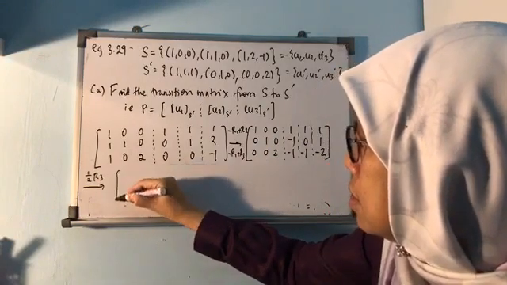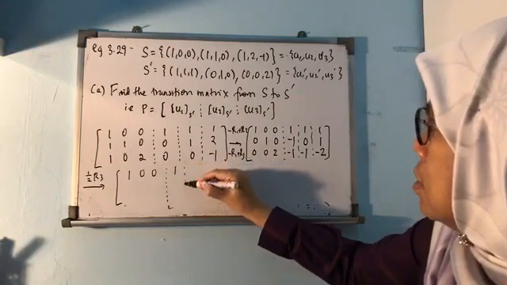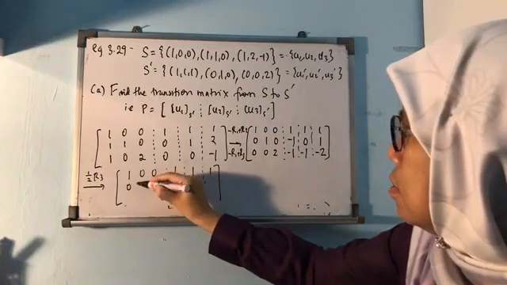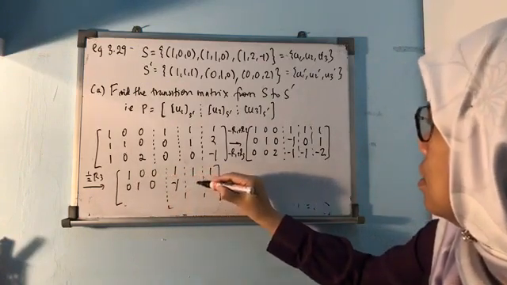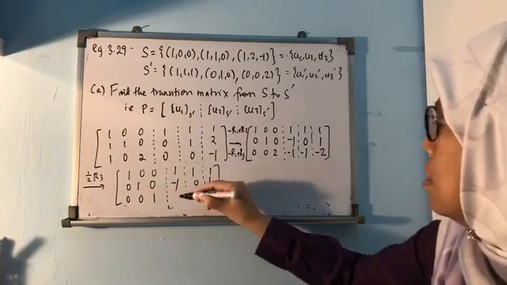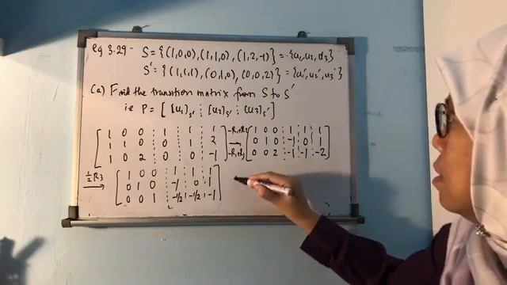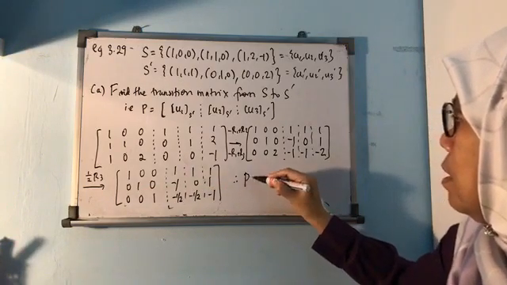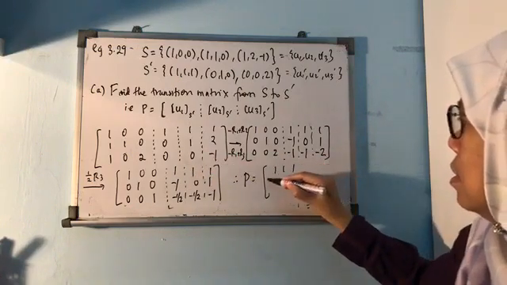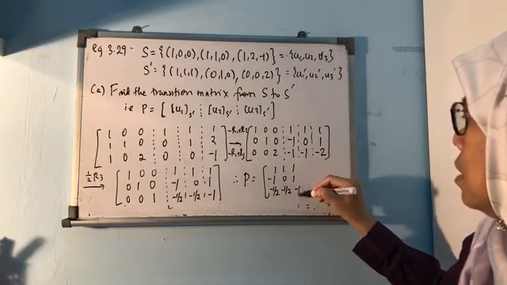You have to do this. Okay. 1 0 0 1 1 1, 0 1 0 -1 0 1 0 0 1, -1/2 -1/2 -1. So P is this: 1 1 1, -1 0 1, -1/2 -1/2 -1.